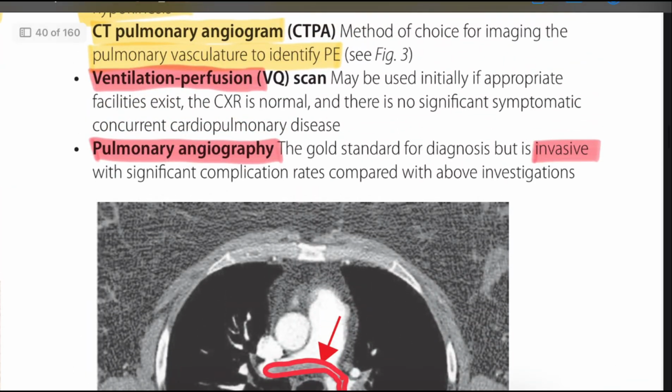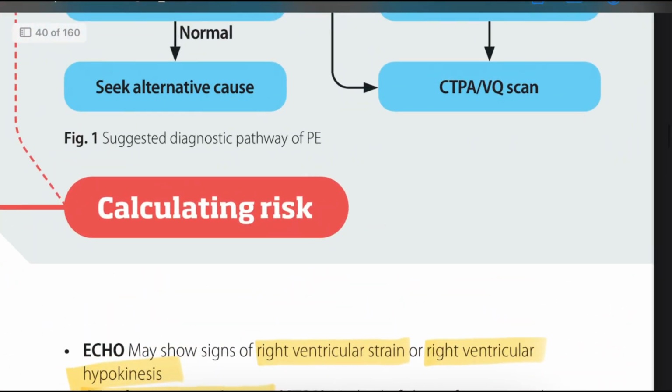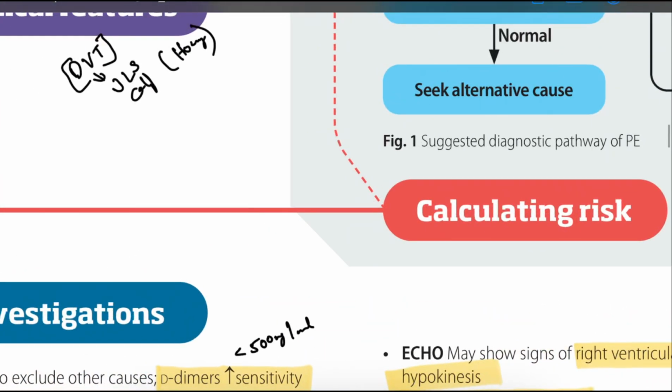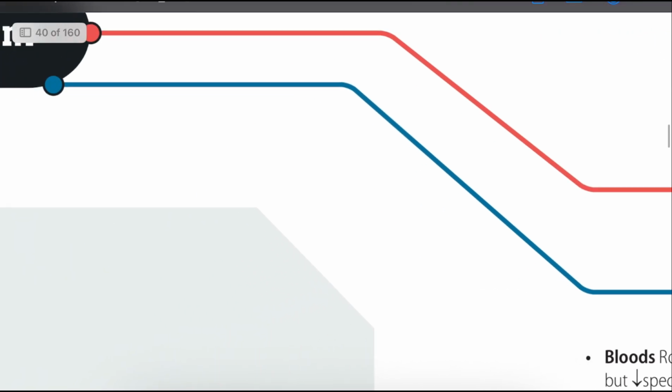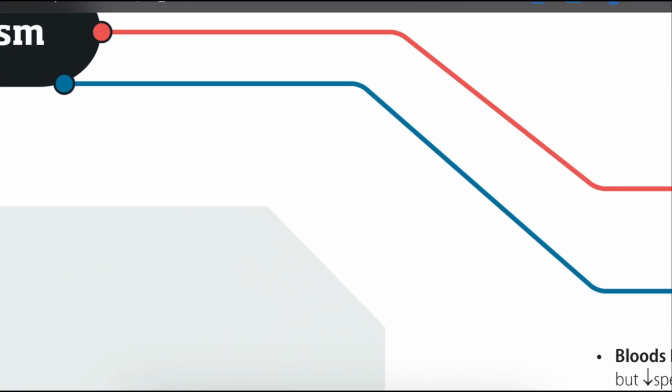Okay, so whenever a patient comes with pulmonary embolism, how do we approach and diagnose that patient? We have one criteria to follow. If you suspect the patient has pulmonary embolism, we have to assess with the Wells score. What it means, we will discuss later.